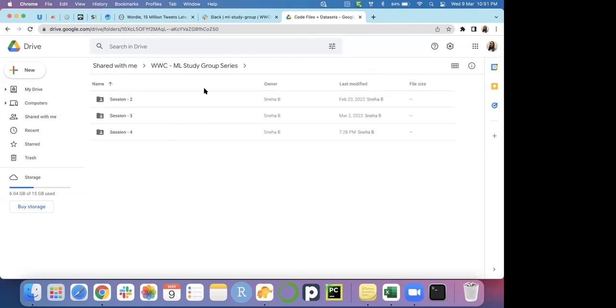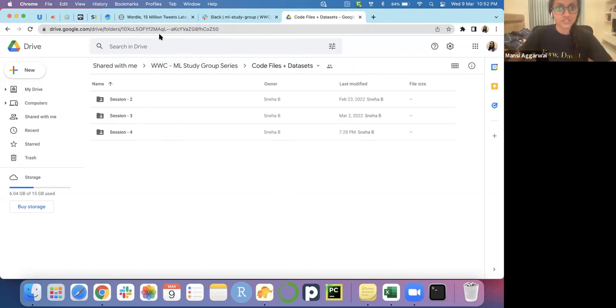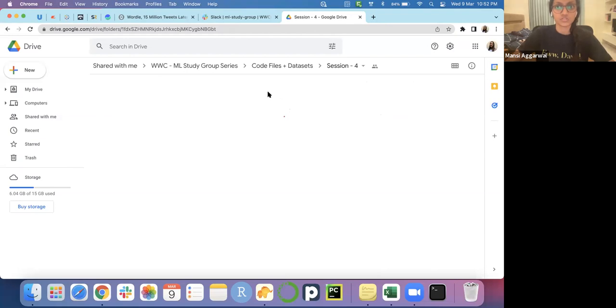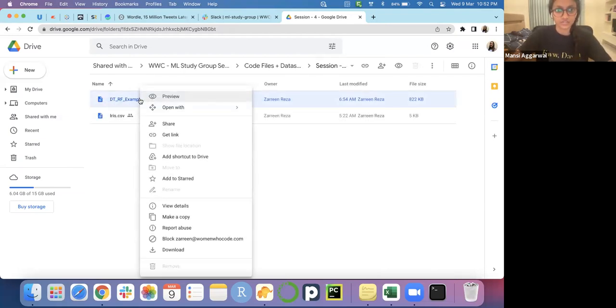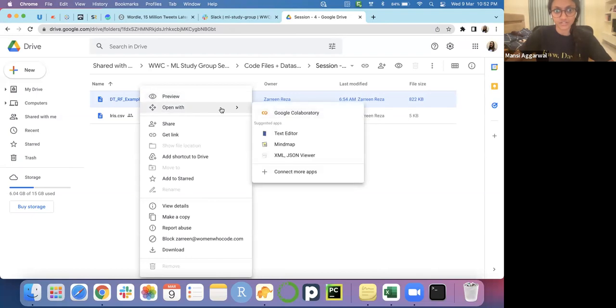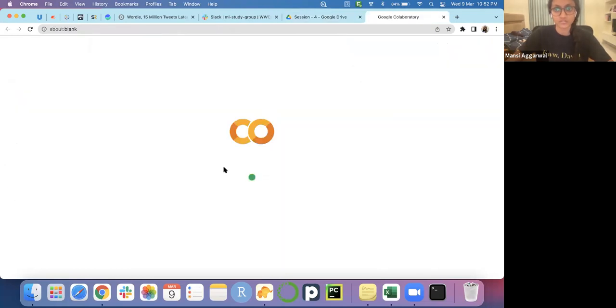Yeah. Okay. So I'm sure this Google link has been shared with everyone in the chat box and in the Slack channel as well. So go to the session 4 folder and you'll find the decision tree and random forest example notebook, and right click and open it with Google Collaboratory.